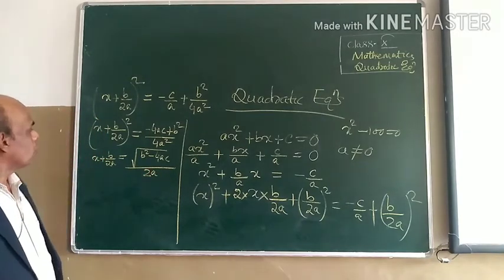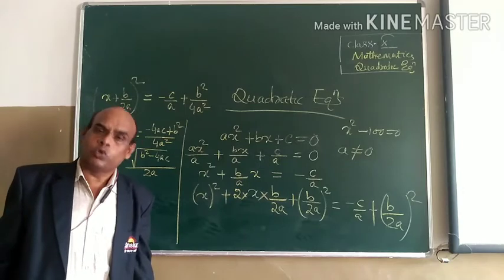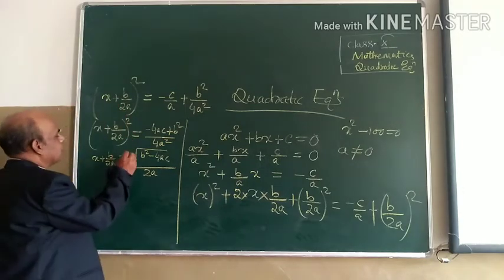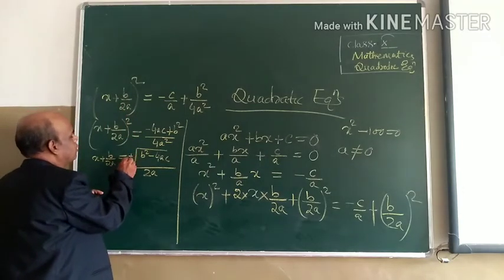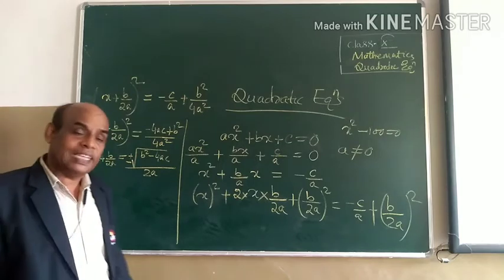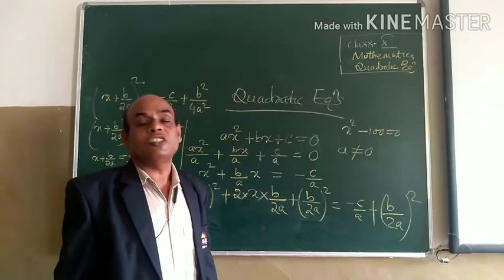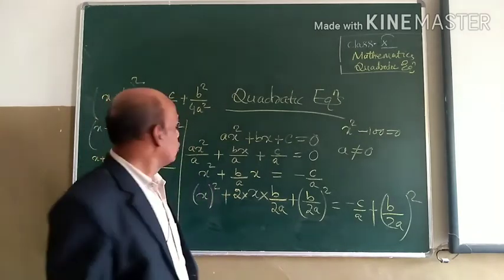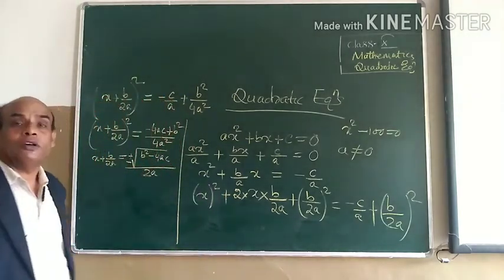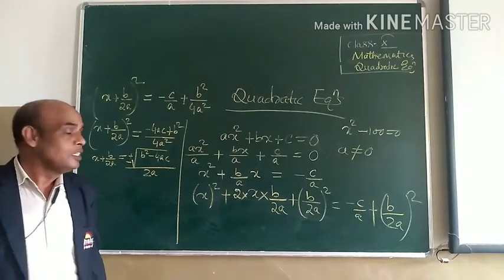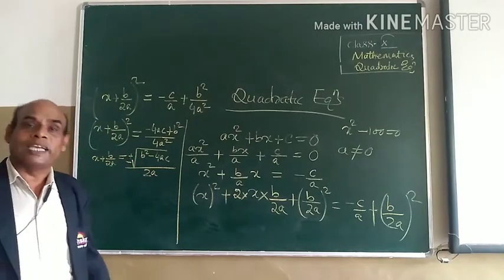So remember, whenever you are taking the root, you can give the plus minus sign. Why plus minus? Because plus into plus is plus, and minus into minus is also plus. So you have to remember, whenever you take the root, you have to give the plus minus sign.